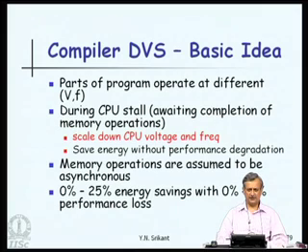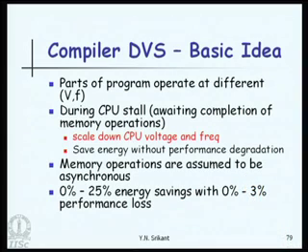So, during such a stall, it is possible to scale down the CPU voltage and frequency and save energy, but performance will not be degraded because the CPU is really doing nothing.